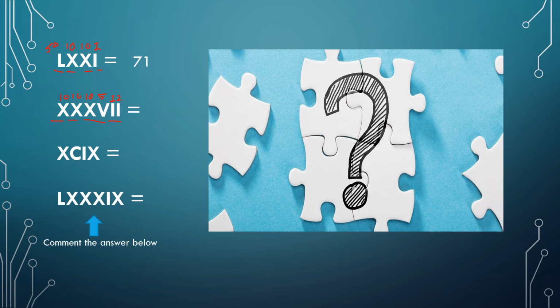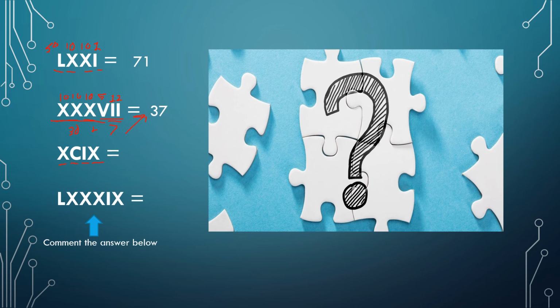So VII is 7, and these 10 plus 10 plus 10 is equal to 30. So 30 plus 7 is equal to 37.